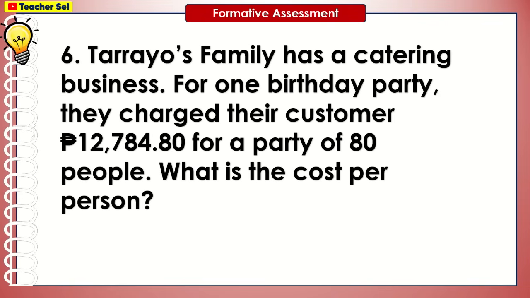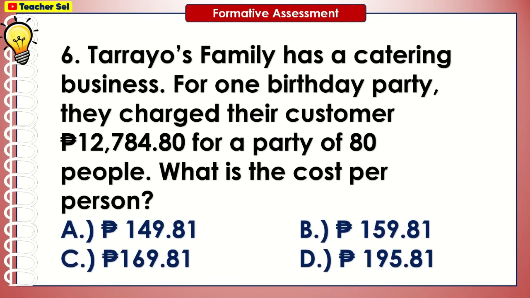Tarayo's family has a catering business. For one birthday party, they charge their customer 12,784 pesos and 80 centavos for a party of 80 people. What is the cost per person? The answer is letter B, 159 pesos and 81 centavos.